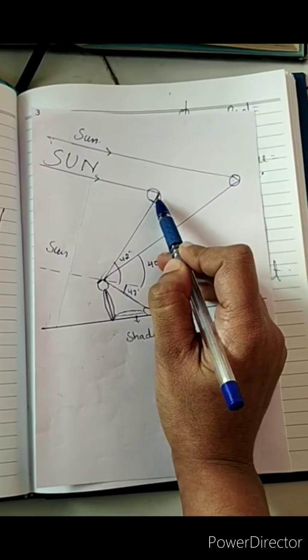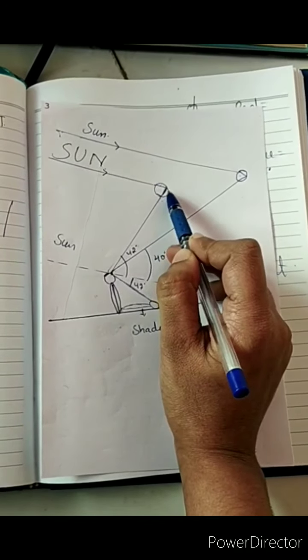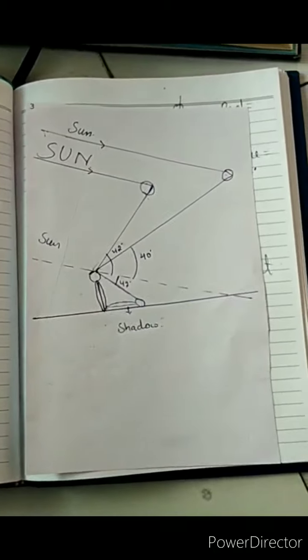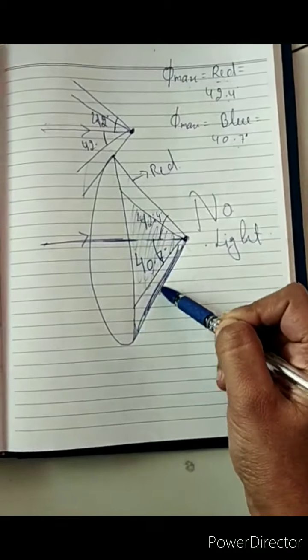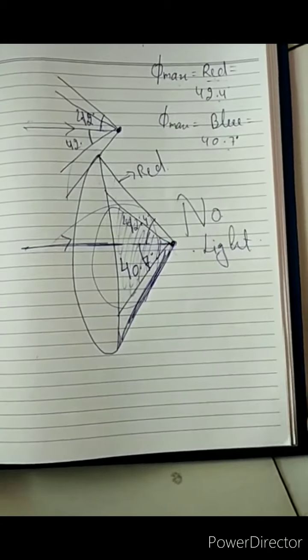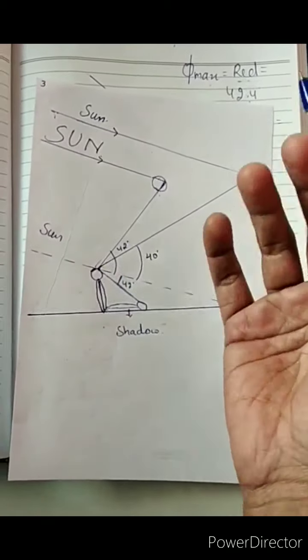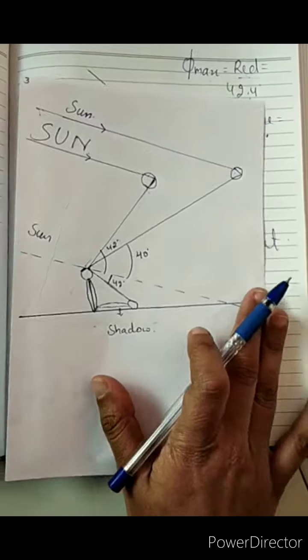Why? Because you are just looking at this red light, you are just at the A, you are just looking at this, so you will not get this whole phenomenon, you will just get your red light. It just happens you see red only.